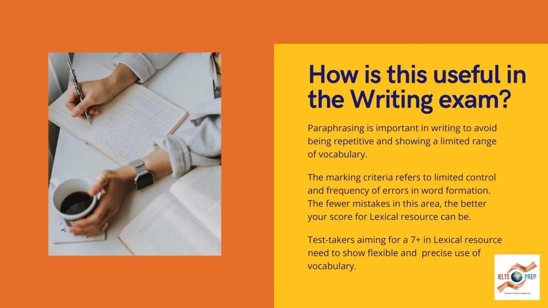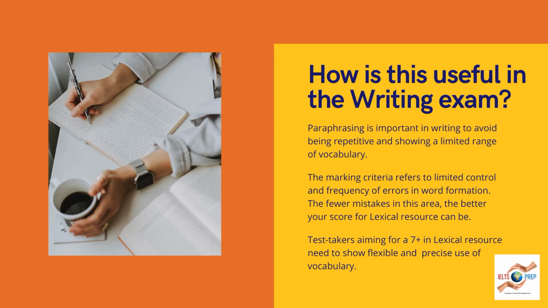So how is this useful in the writing exam? Paraphrasing is important in writing to avoid being repetitive and showing a limited range of vocabulary. The marking criteria refers to having limited control and frequency of errors in word formation.